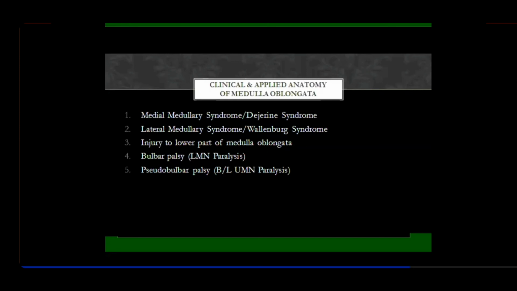This is actually injury to the nuclei of the 7th, 9th, 10th, 11th and 12th cranial nerves, right? So all the efferent nuclei, because lower motor neurons are in the efferent nuclei, right? In the 9th there is only one, that is stylopharyngeus.